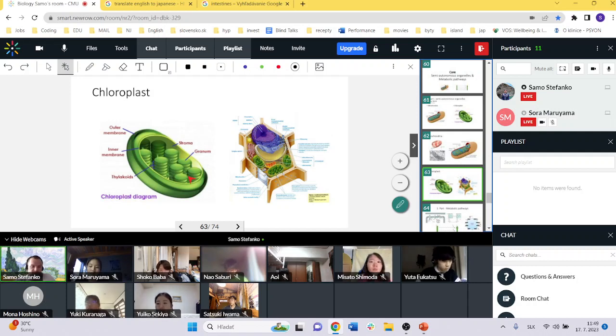Other pigments can also be in the chloroplast, such as carotenoids, for example. However, they contribute to the colors of the fruits, for example. But if we are now having just this picture and we are talking about plant cells, let's keep it simple. Chlorophyll is responsible for photosynthesis, and it gives plants the typical green appearance.